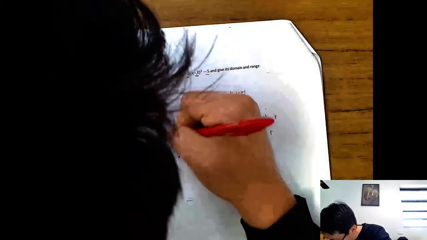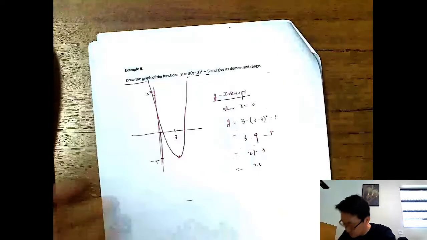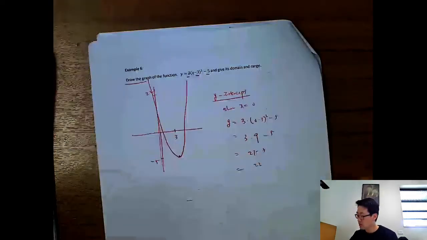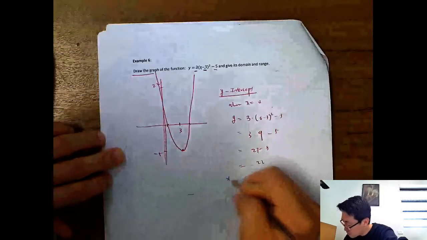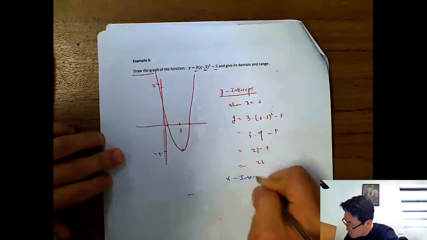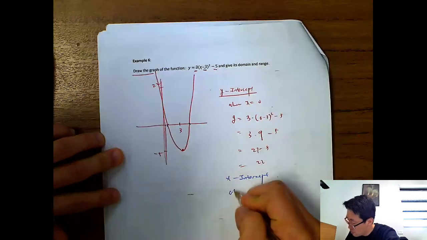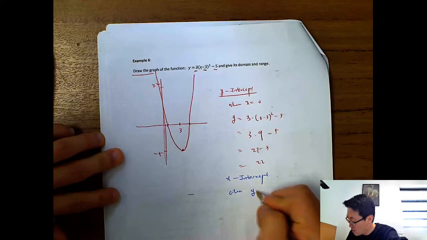So it will look like this. Good? Yeah. And then you can get x-intercept when y equals 0.